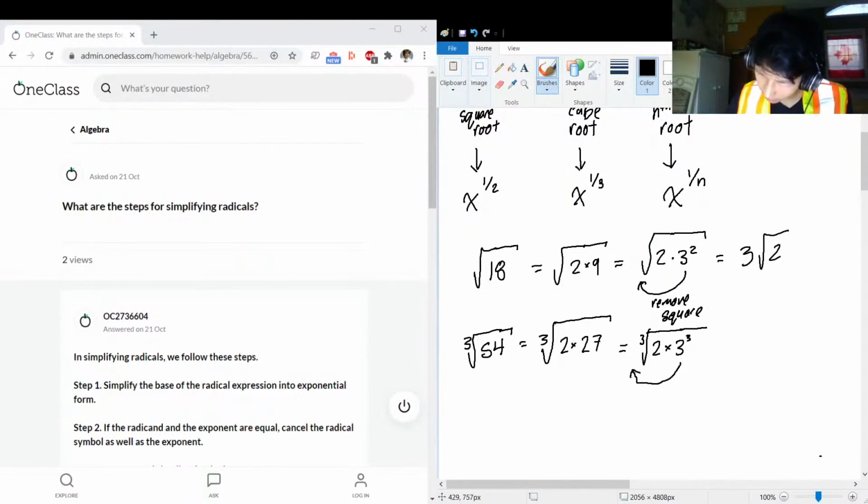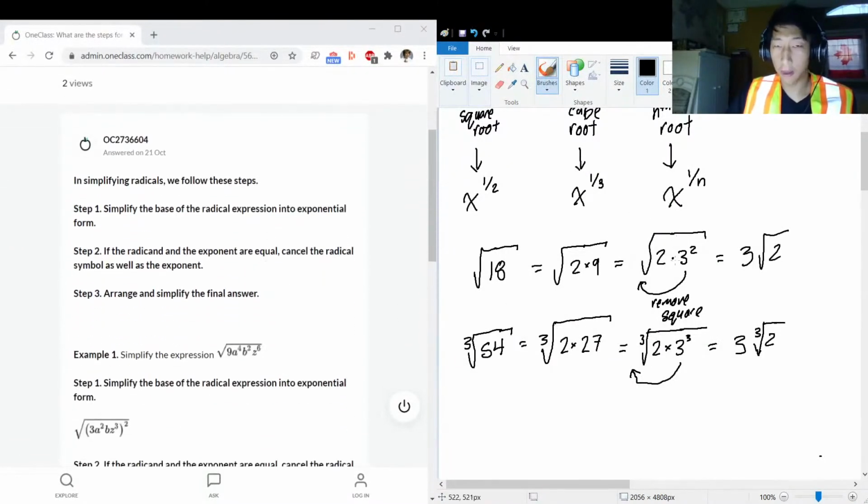Now we can bring this outside the radical, and we remove the cubed power as we move it out, because we're doing the cube root, we're looking for things that have cubes underneath the root. As the 3 moves out, it loses the power of 3. And we just get 3 times the cube root of 2. That would be our final answer. Send that through your calculator and I'm sure you'll find that this looks good.